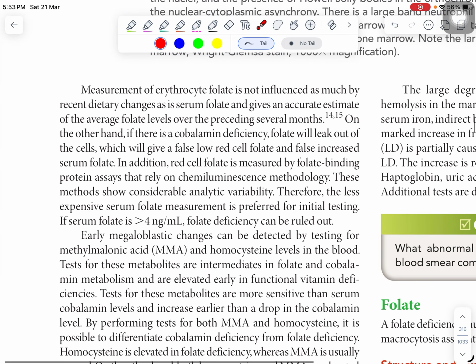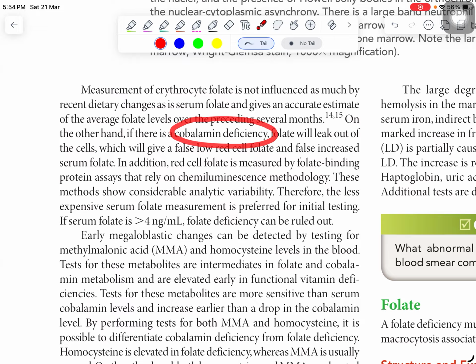Measurement of erythrocyte folate is not influenced as much by recent dietary changes as serum folate is, and gives an accurate estimate of average folate levels over the preceding several months. On the other hand, if there is a cobalamin deficiency, folate will leak out of the cells, which will give a false low red cell folate and a false increased serum folate.